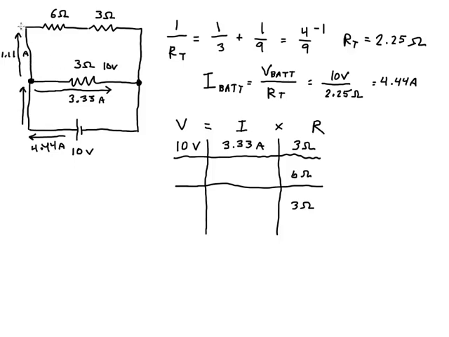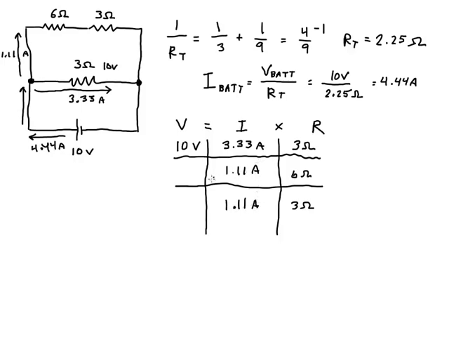And this current will come up through both of these resistors and down to this node over here. That means both of these resistors have a current of 1.11 amps. They share the same current because they're on the same branch, and that's always true.